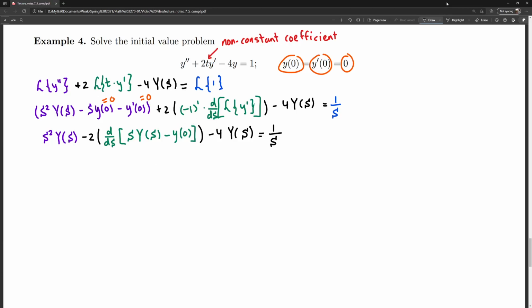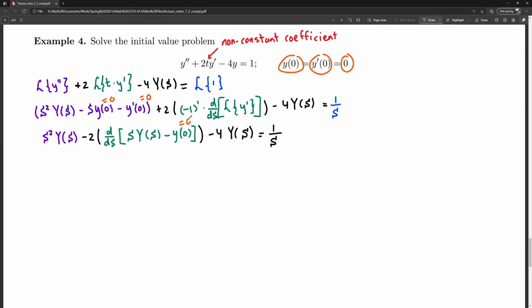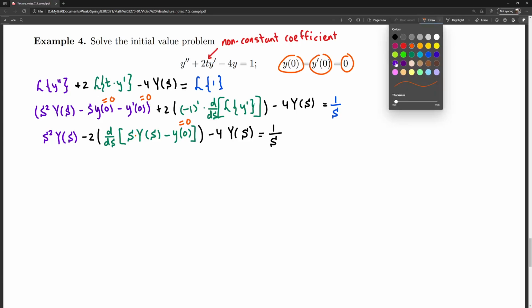Now again, y at 0, that is 0. And for this derivative, we actually have to use the product rule, right? The derivative of s times Y of s. So we still have a little bit of simplification to do for our differential equation.